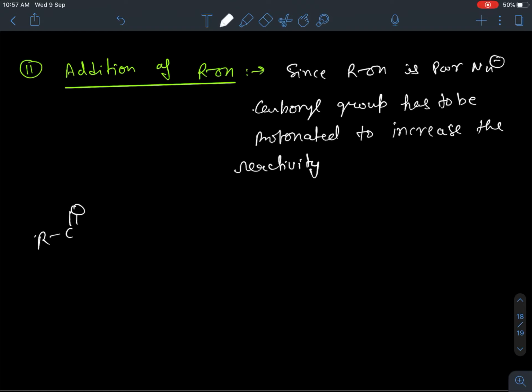That is the reason why RC double bond O is treated with ROH in dry HCl.